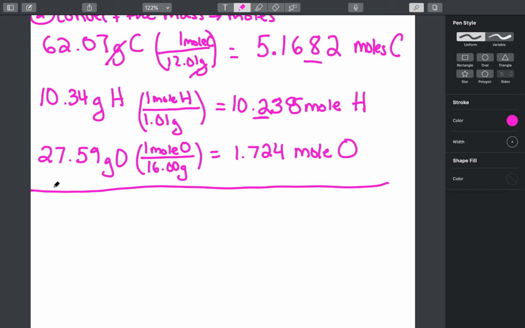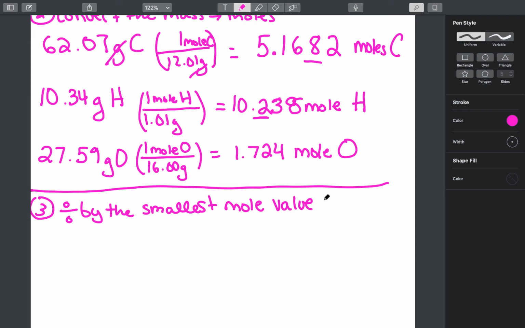All right, so now that we have all the moles of each element, what do we do? Well, the next step is to divide by the smallest mole value in order to get the simplest mole ratio.